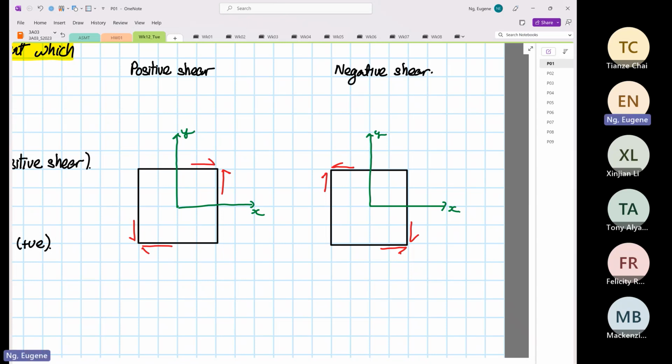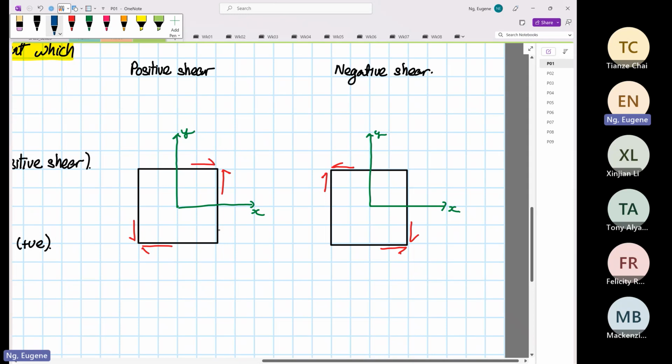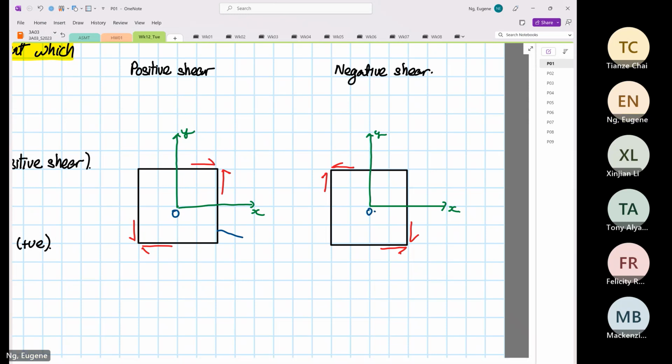If you look at the surfaces now, if the center is 0, 0, this surface over here, I'll call area X is positive.